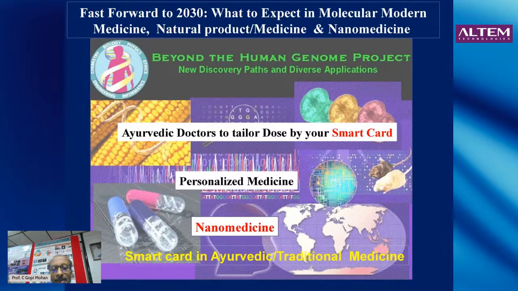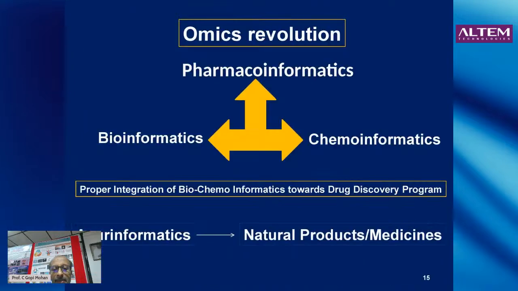It will be in the coming era. We are expecting all these things in the coming 5 to 10 years, so that one can have personalized medicine rather than the general medicine which we are using nowadays. And the trend should change.